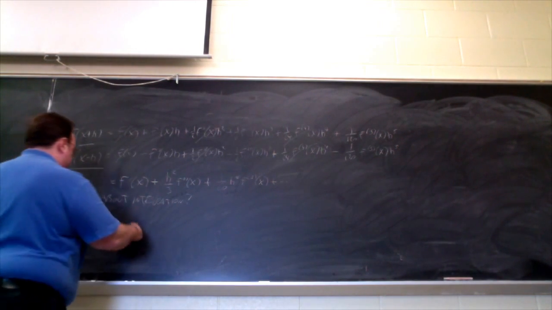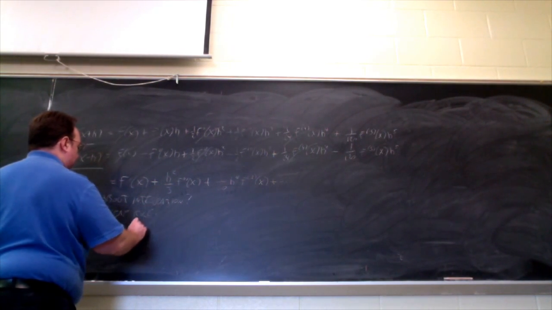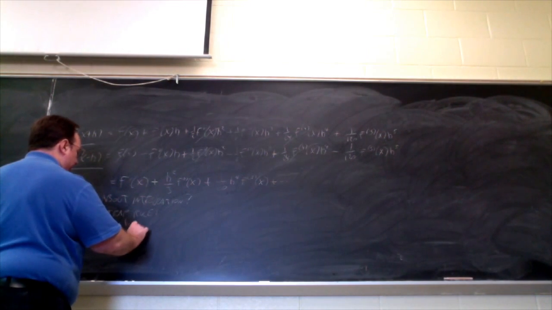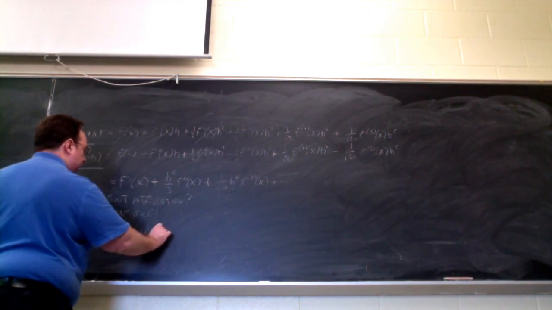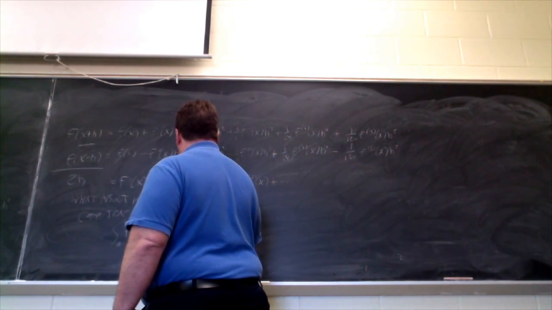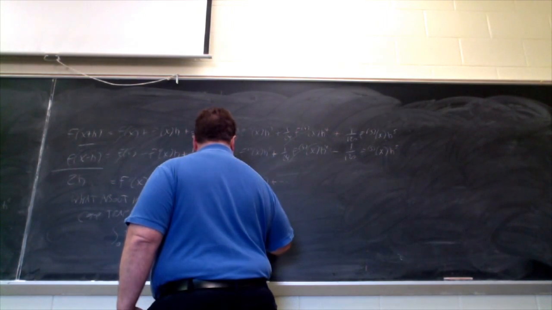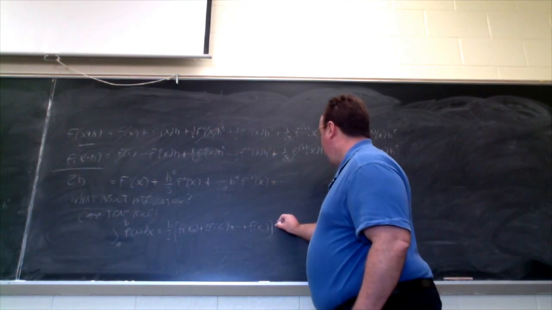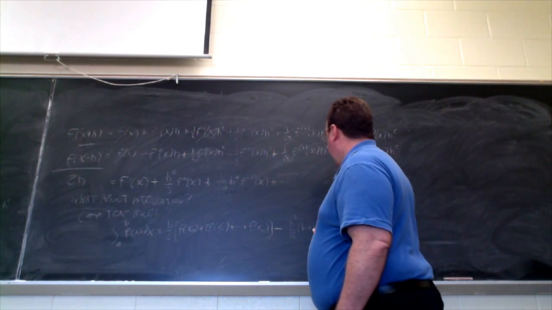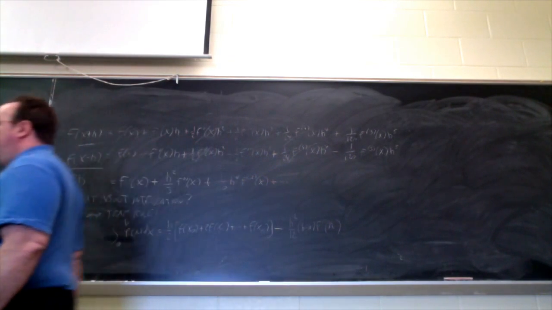So as an example, the composite trapezoidal rule. What we know is that the exact integral is equal to my composite trapezoidal rule approximation plus an error, and I have a formula for that error: it's minus h squared over 12 times b minus a times the second derivative at an unknown point in (a, b).